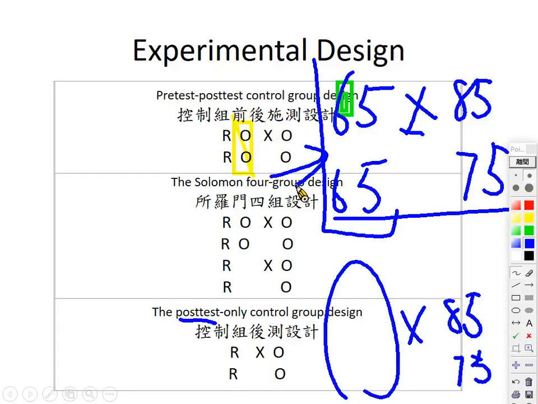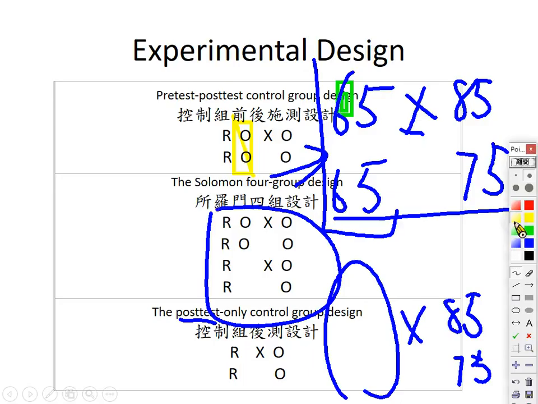This does not have an internal so-called pre-test threat, but both of them have some kind of shortcomings, drawbacks, right? Although these two designs are good in their different ways, can we have a more comprehensive one so that we can have a baseline and also get rid of the threat for pre-test? Yes, we can have the so-called Solomon four-group design.